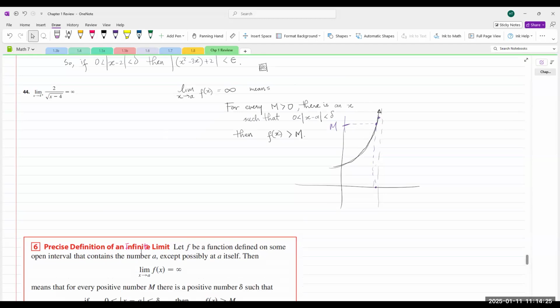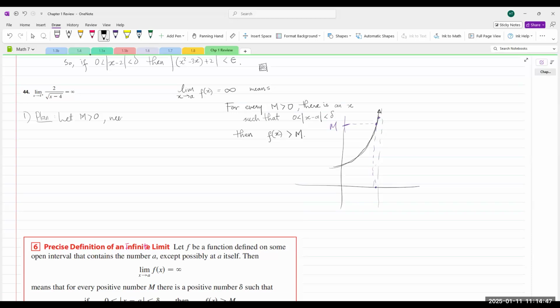Okay, so this consists of two steps also. First, the planning part, plan. Let M be an arbitrary positive number. Because it's positive infinity, you choose a very large number that you like.